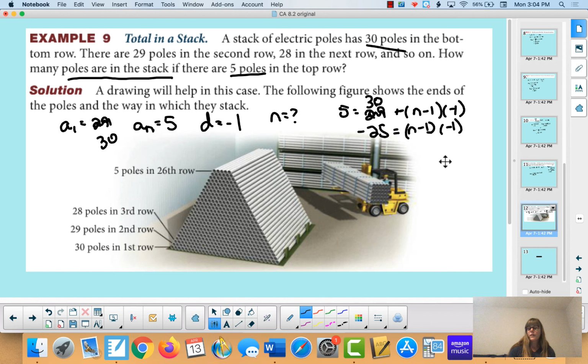If I multiply both sides by -1, I get 25. So that tells me n is 26. So now I need to find the sum of all those rows to know how many poles there are total. So S sub 26 is 26 divided by 2 times the first term, 30, plus the last term, 5, and that gives us that the whole stack has 455 poles.